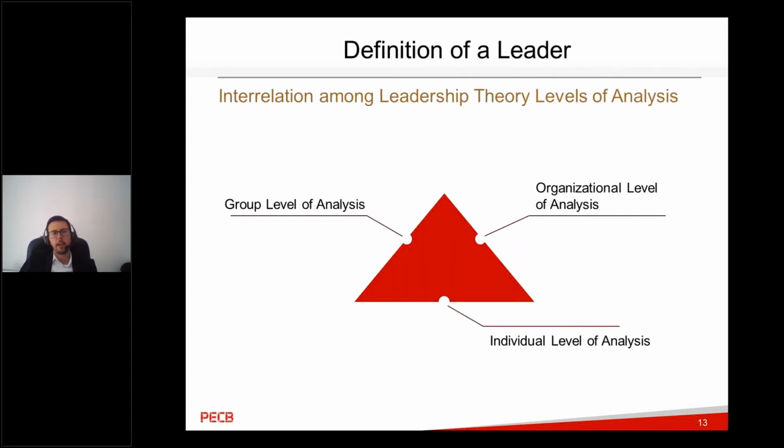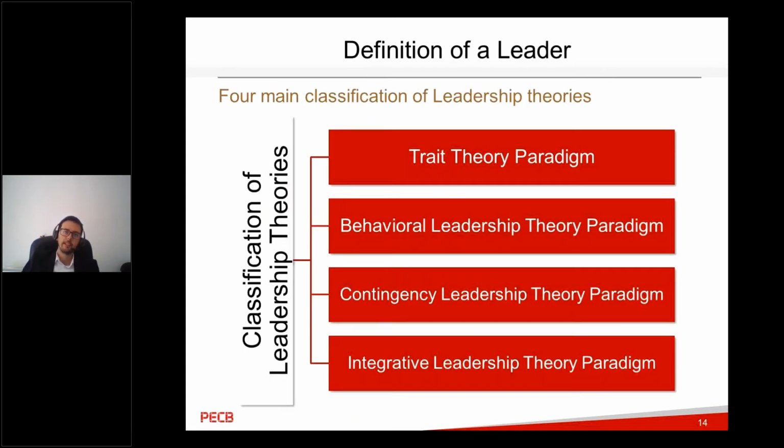So when we try to define a leader, we tend to discuss these four main classifications, because we will see now that a leadership theory in itself cannot overgeneralize. It cannot cover all the traits of what a leader is supposed to be.